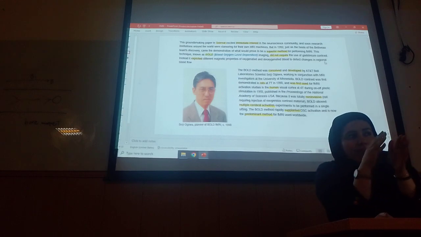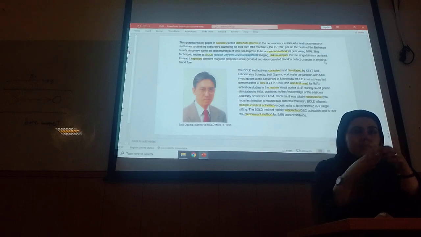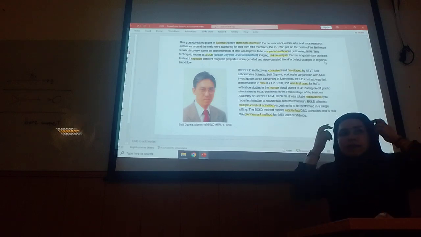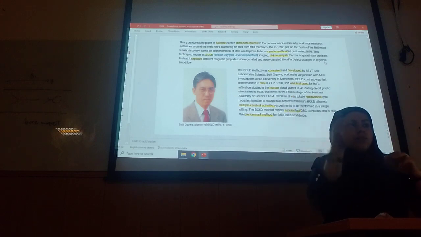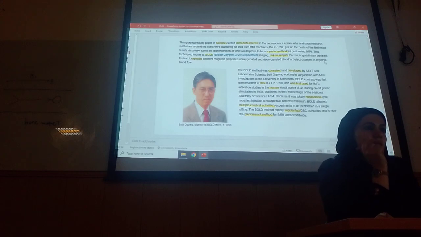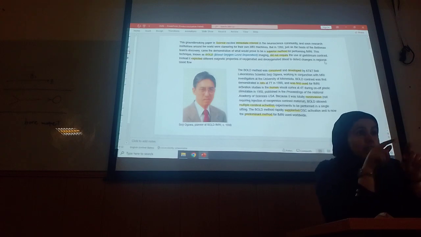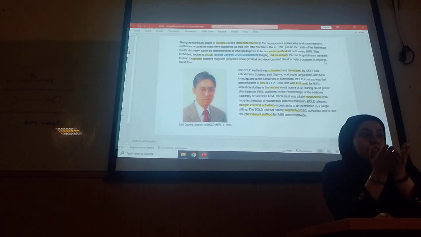But after this step, what happens? Blood flow increases to our body. Blood flow increases. Our body tries to make up the decrease of oxygen level within our brain.